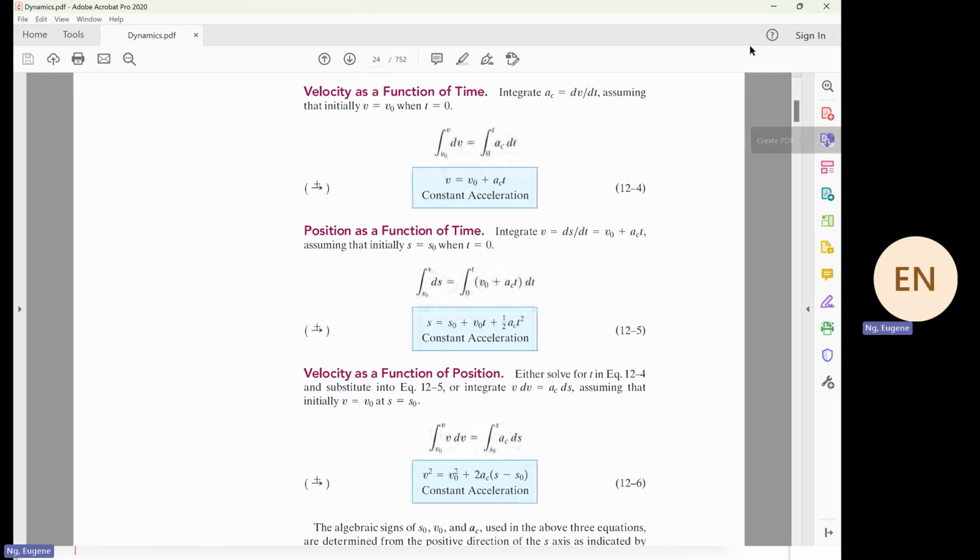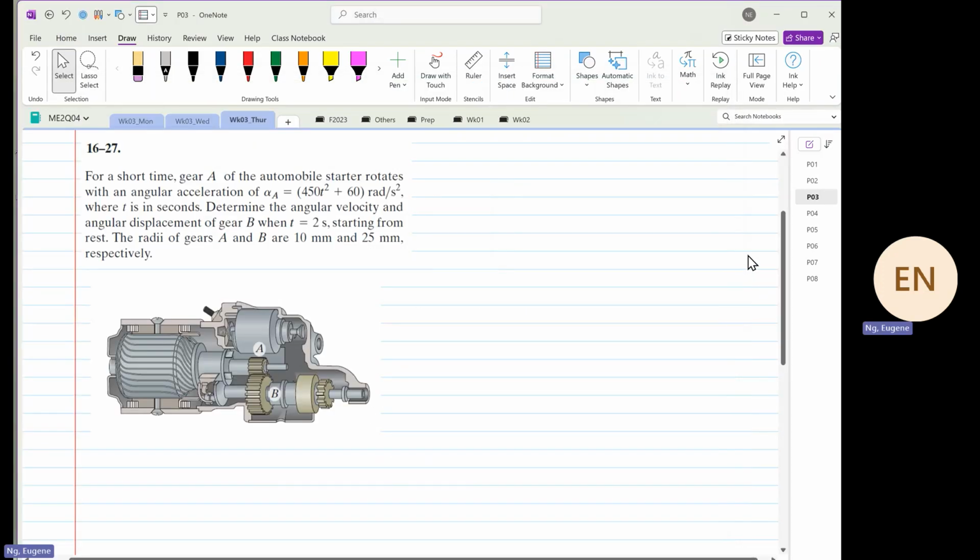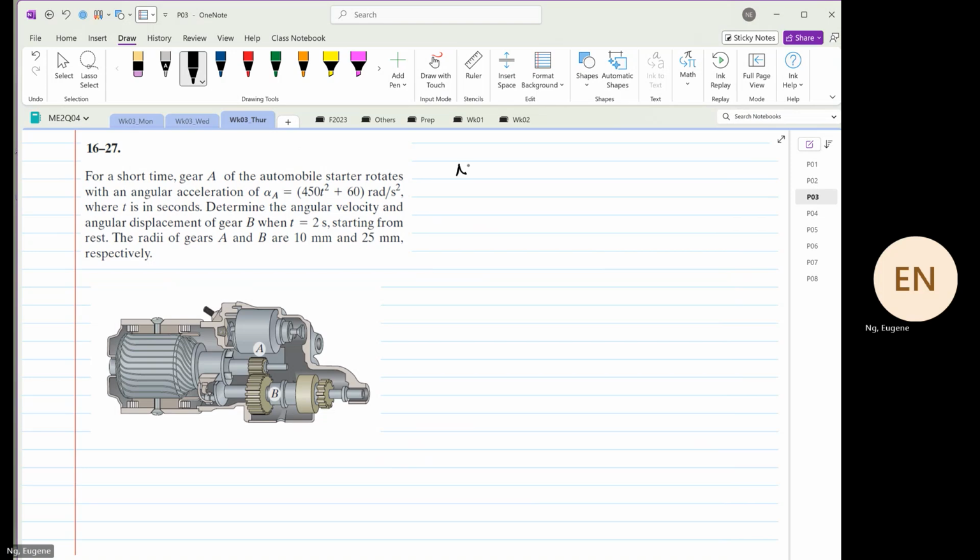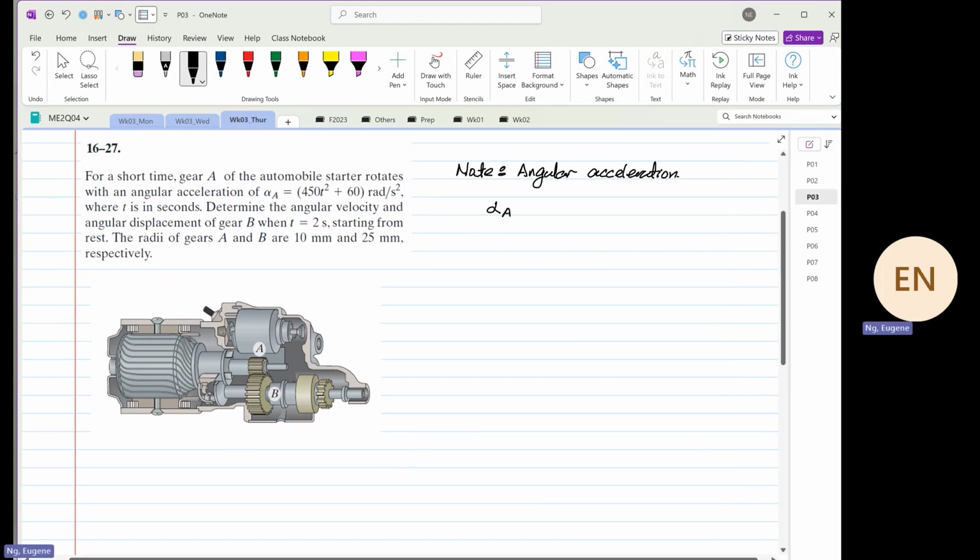So if we go back to our problem, what we see over here is that the angular acceleration is a function of time. So note the angular acceleration, alpha of point A, is equal to 450 t squared plus 60, in radians per second squared.